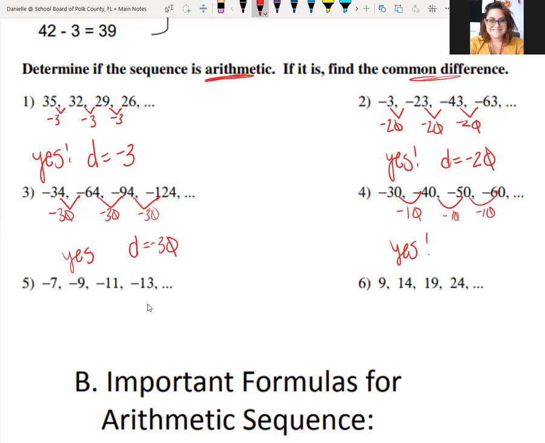So yes, d is negative 10. Over here from 7 to 9, we go with plus 2. 9 to 11 is plus 2. And 11 to 13 is plus 2. What about this last one? This is plus 5 every time. So they're all arithmetic sequences.